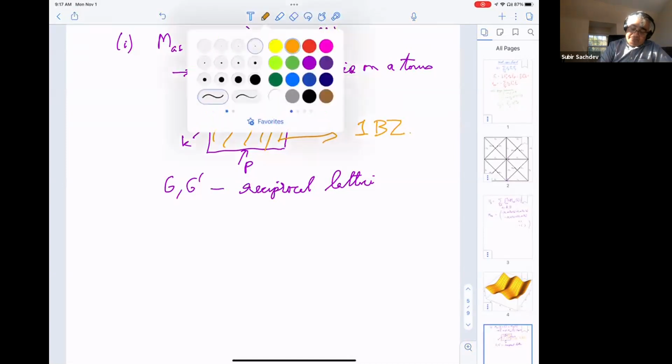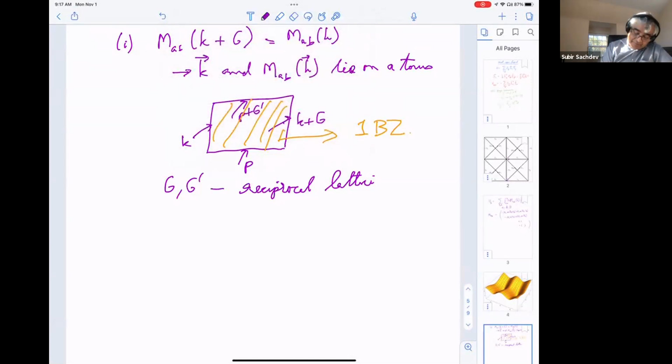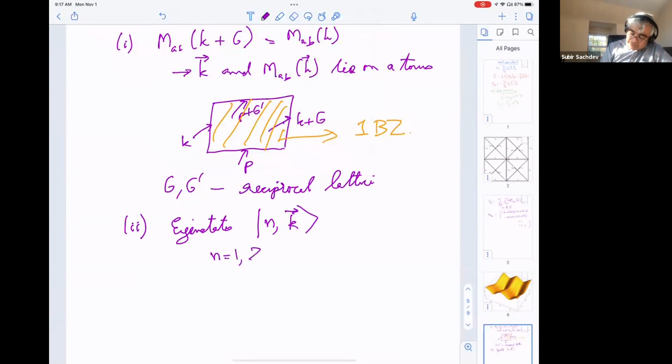The other important point is that if you look at the eigenstates, MAB will have some eigenstates for each k, which are, of course, the Bloch functions. They'll be labeled by some integer n and the wave vector k. So n is 1, 2 in our case, but in principle it can be any set of integers.